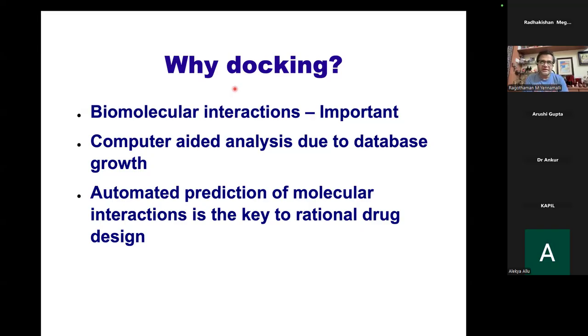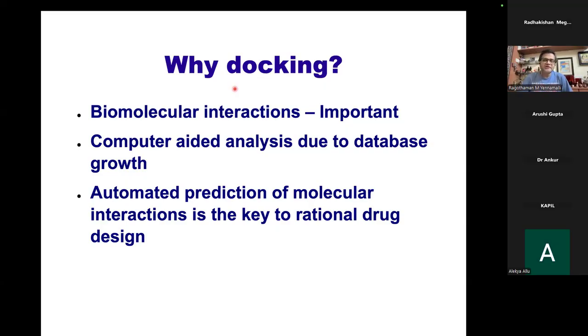Now, in the 1950s and 60s, when X-ray crystallography became more prevalent, structures were identified. Some high-profile structures of cholera or other viral diseases were identified. Suddenly, people started talking about molecular interactions.